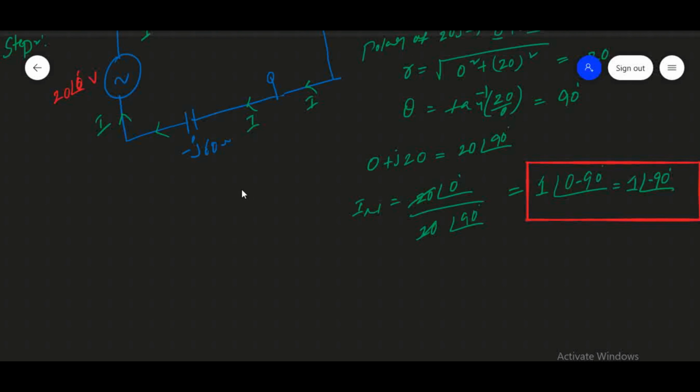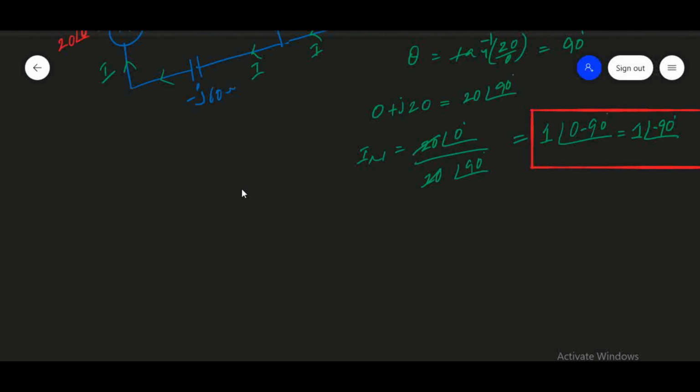If you follow the same for ZTH, ZTH is equal to ZN. What ZTH did we get in the previous section? We got 17.85 with an angle of 63.43.